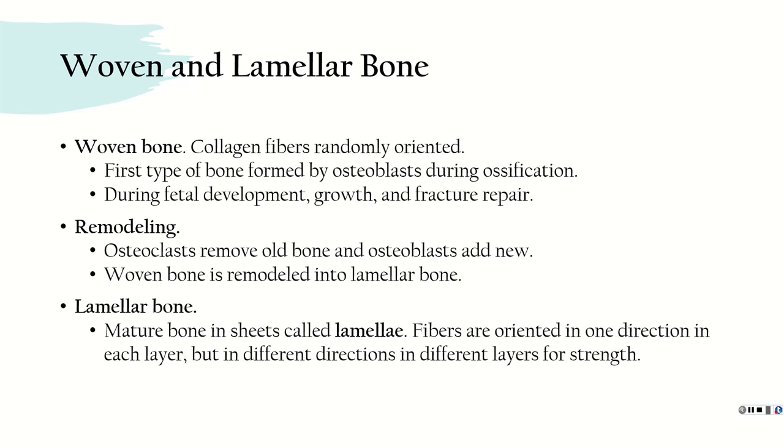But when a bone is maturing, in a young adult, or in fetal development, growth and fracture repair, you have woven bone, where the protein collagen is not oriented well and there's not much hydroxyapatite. But as the bone matures, the collagen becomes more organized, making what's called lamellar bone, which forms sheets that we'll see in the next slide.